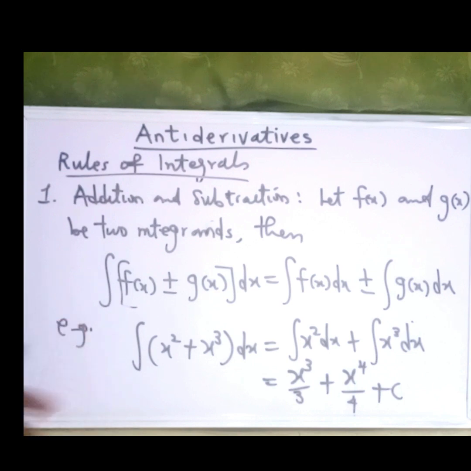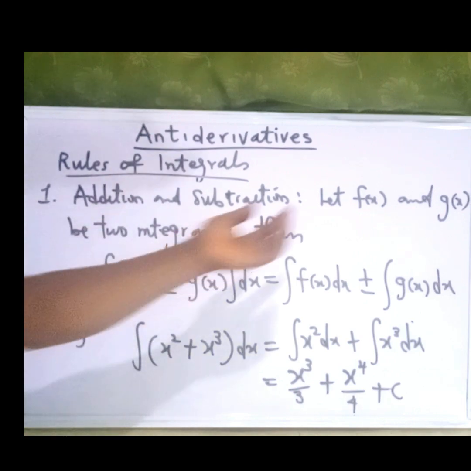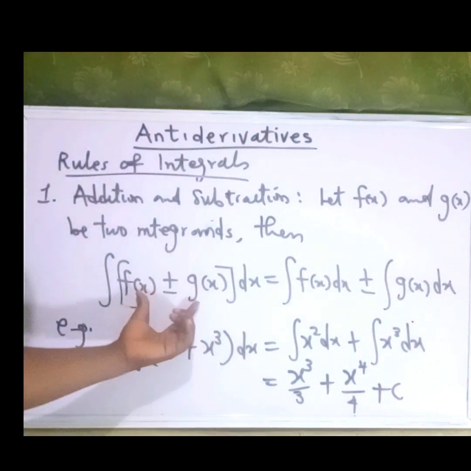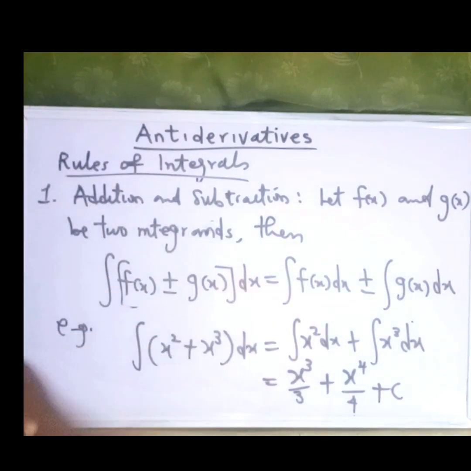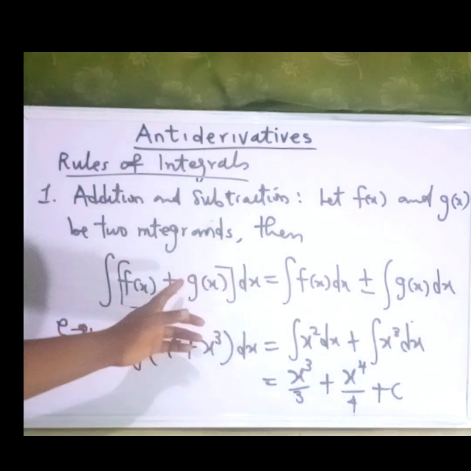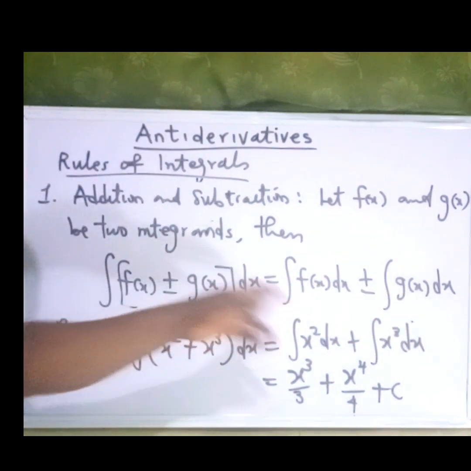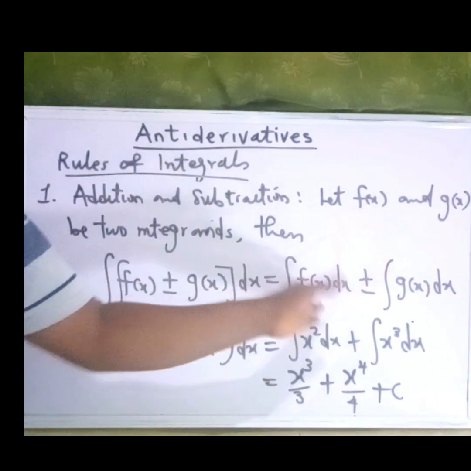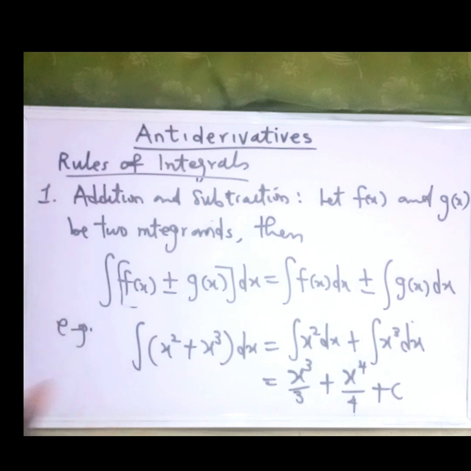There are several functions one can apply this to, especially we have only used two integrands here, but one can extend it to more than two integrands. If these are more than two integrands, this integral sign will be distributed on them as we have it for the two cases here.